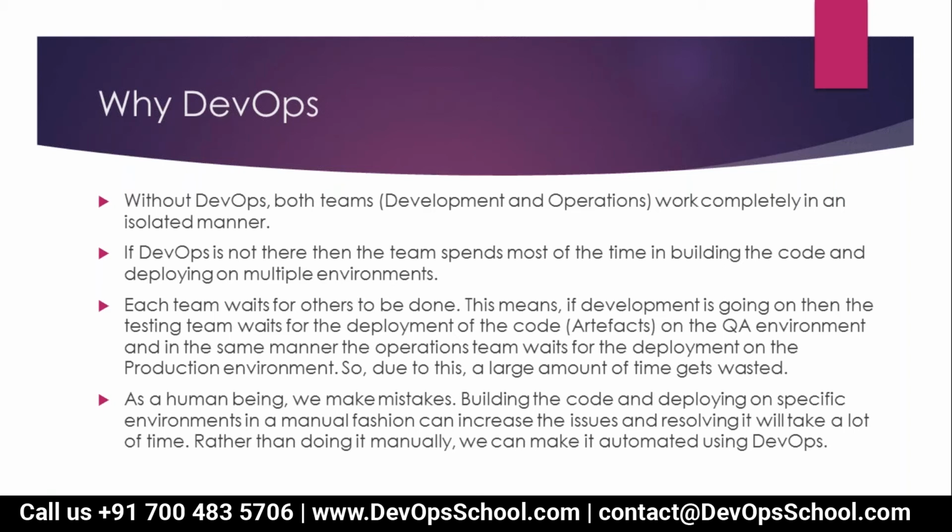If we do the deployment manually, then as humans we can make mistakes. So sometimes it is a wastage of time; we are resolving unknown errors, and sometimes even known errors take unnecessary time. Due to that reason, we always try to automate the process using DevOps. So DevOps is also saving time as compared to any other approach.